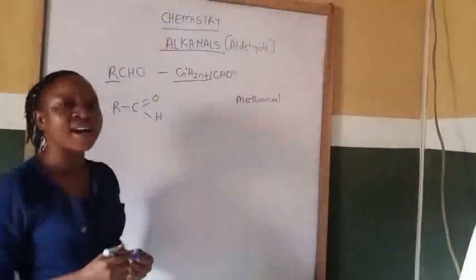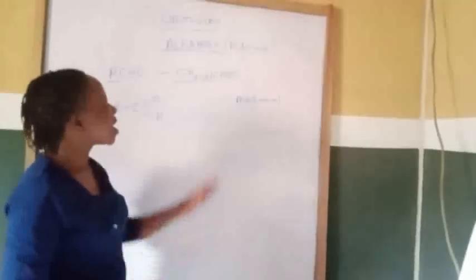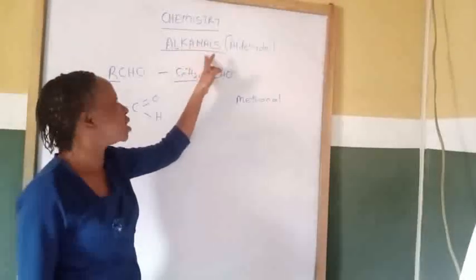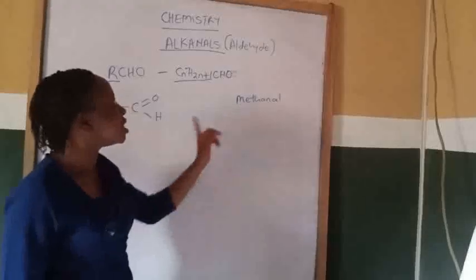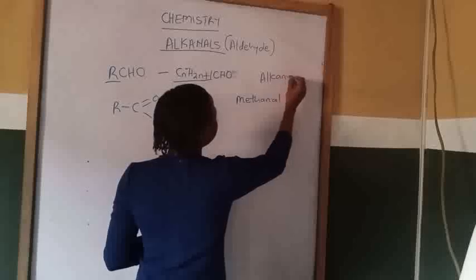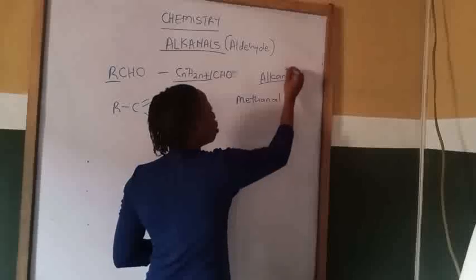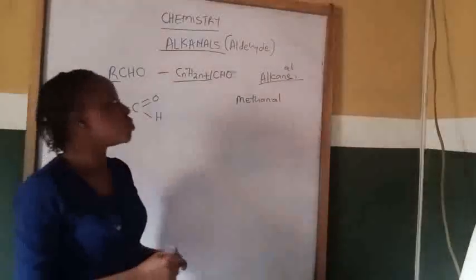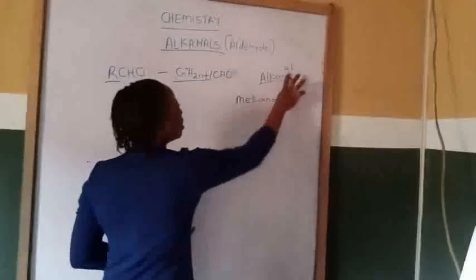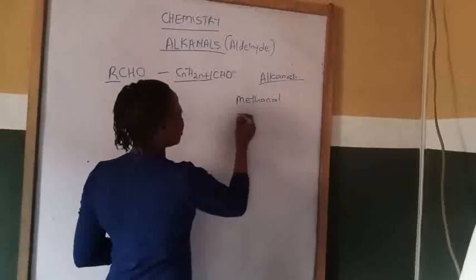Don't forget that, as I explained in my video under IUPAC nomenclature, alkanal is derived from a corresponding alkane by substituting the E at the end of the alkane with AL. So the first member of alkanal is methanal, while the second member will be ethanal.